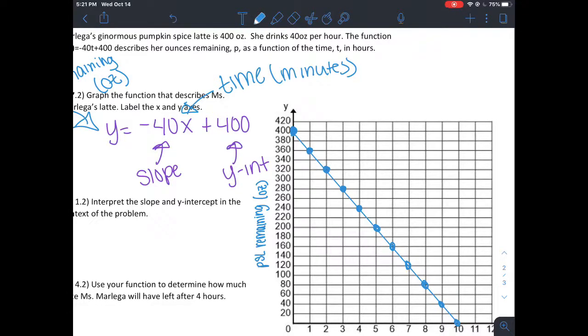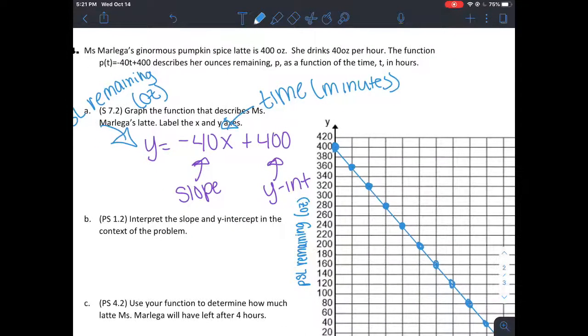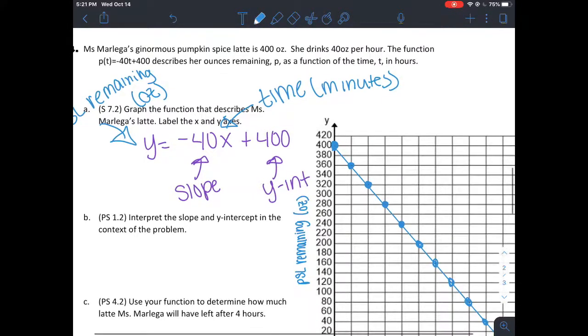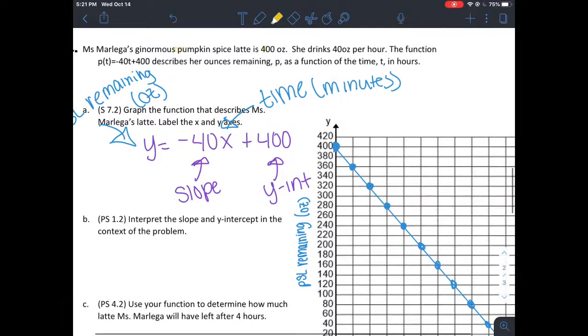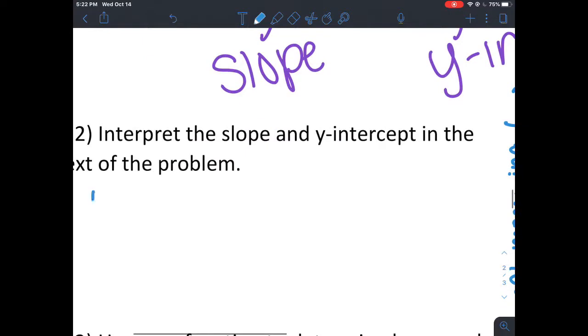Interpret the slope and y-intercept in the context of the problem. So the answer is actually given to us in the word problem initially. Miss Marlega's ginormous pumpkin spice latte is 400 ounces. The 400 was our y-intercept.